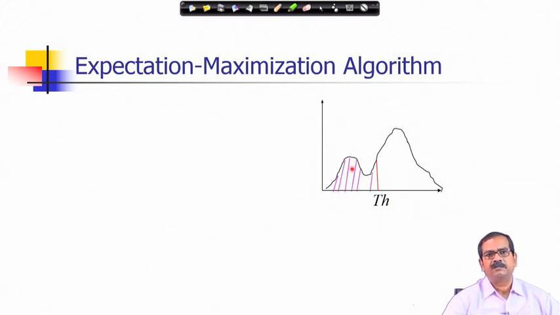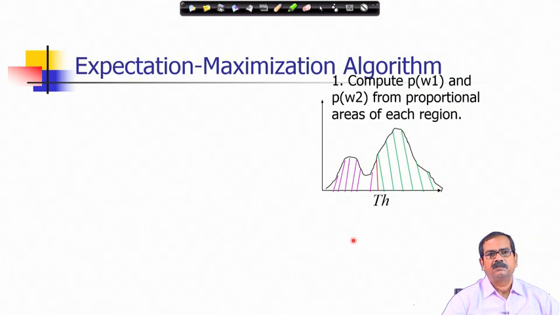This is a representation of the foreground part, and this is a representation of the background part. Given this threshold, we can compute the probability of W1 and the probability of W2 by computing the area of this part and the area of this part, and taking the proportional areas of each region. This is how the class probabilities can be computed once given a threshold value.